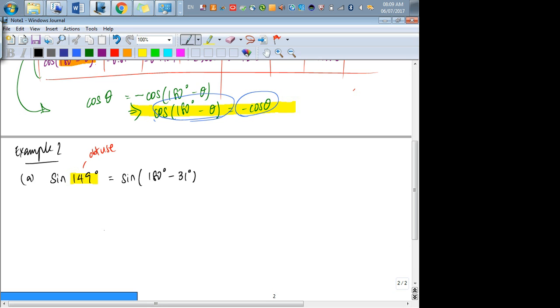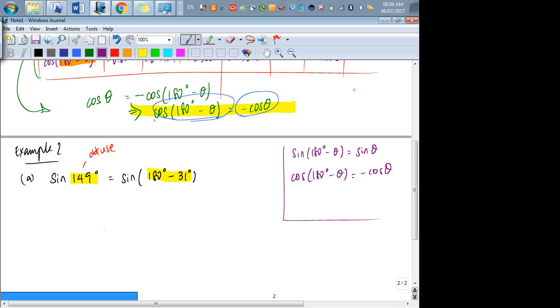Right? Whatever is in yellow over here, 149 is equal to 180 minus 31, isn't it? Okay, I haven't done anything special yet. And we recall earlier on we had sine 180 degrees minus theta equals sine theta, and cosine 180 degrees minus theta equals negative cosine theta. This was what we have shown in a table earlier on.